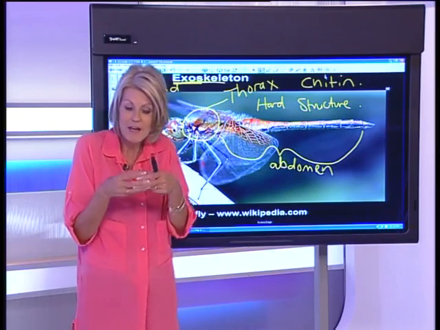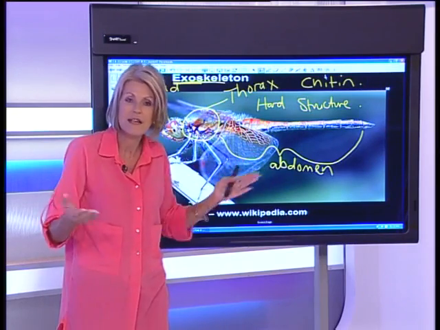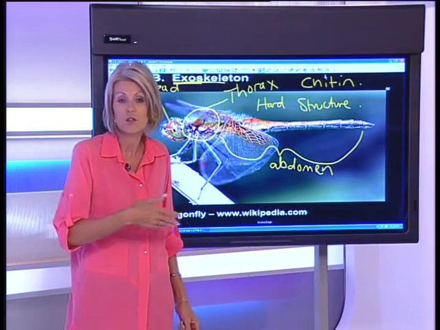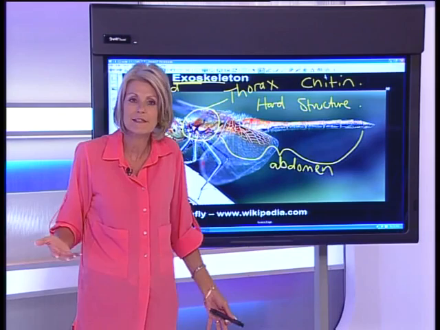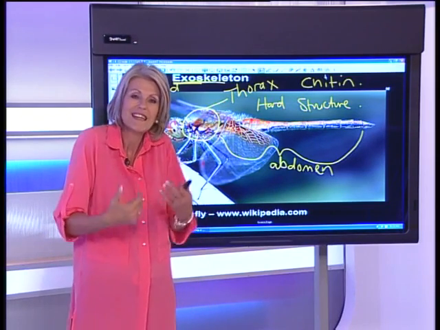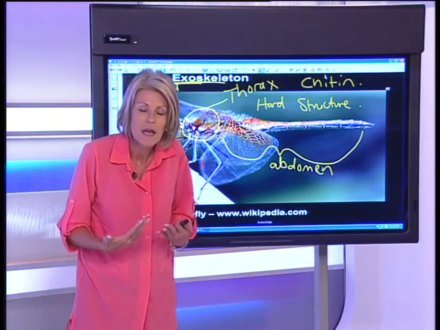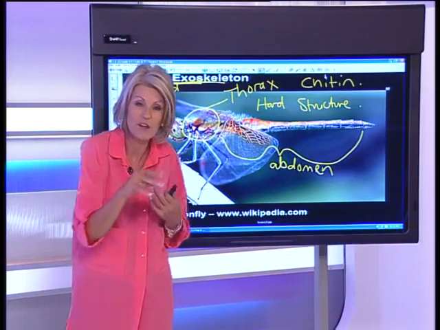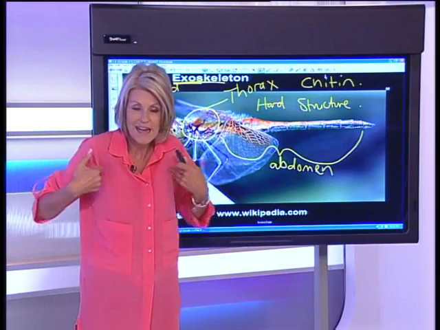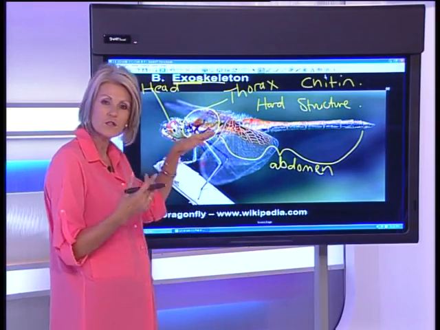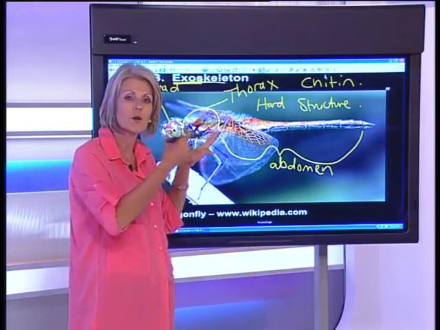And the insect cannot move, and it's vulnerable because it can get caught by anything that eats it. At the end of the day, it can't move because its skeleton is wet. It's got to wait for everything to dry before the little wings can flap away or it can run away.